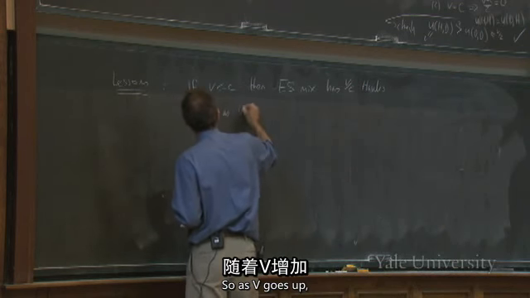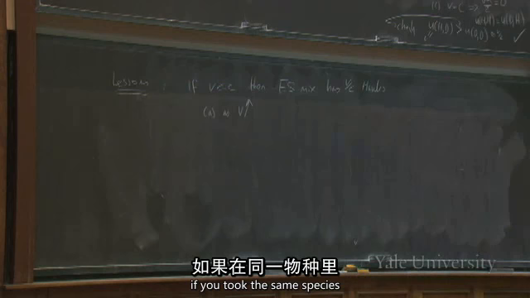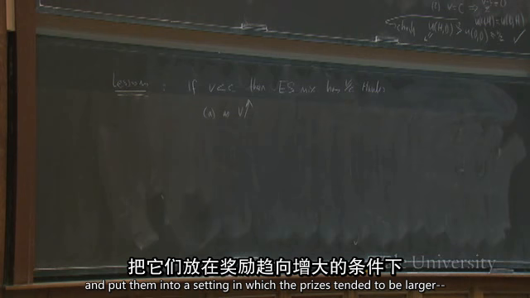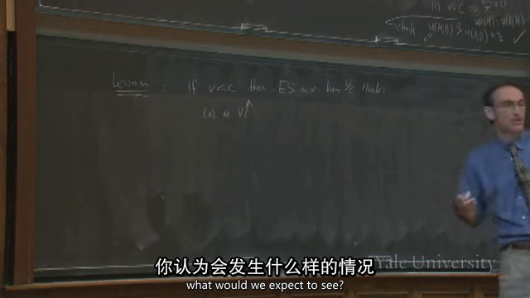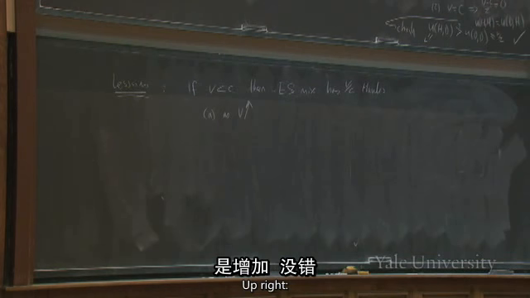So as V goes up, as the prizes go up, if you took the same species and put them into a setting in which the prizes tended to be larger, all right, what would we expect to see? Do we expect to see the proportion of hawks go up or down? Up, right?